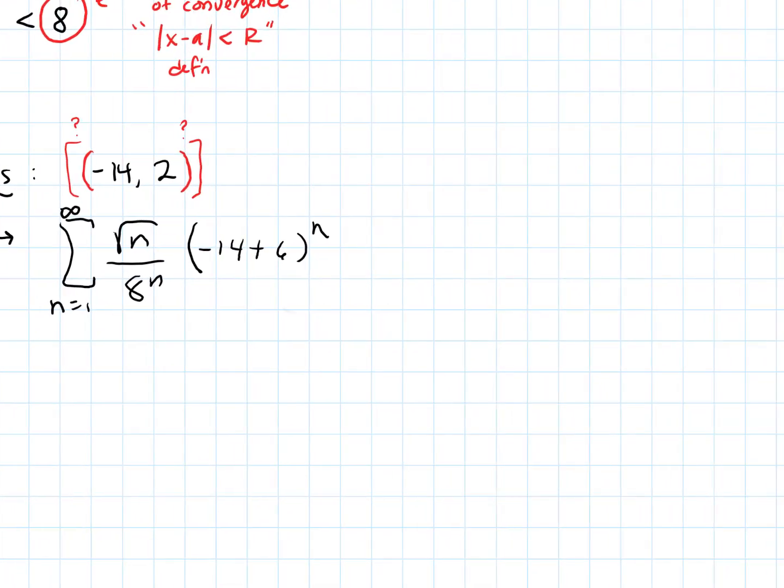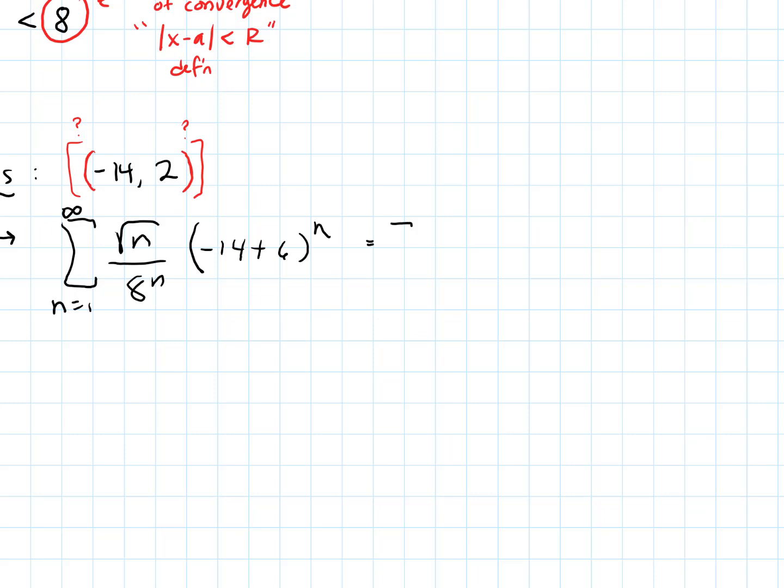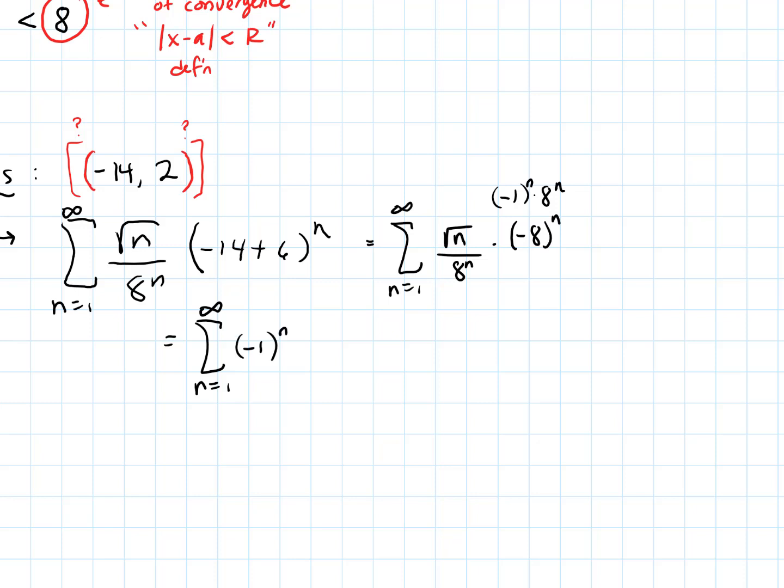So let's figure out if that converges or not. Well, just take a look at what that ends up being. That ends up being the series from n equals 1 to infinity, root n over 8 to the n times (-8) to the n. But we could write that as (-1) to the n times 8 to the n. And so this series, when we plug in -14, is the sum from n equals 1 to infinity of (-1) to the n times the square root of n.